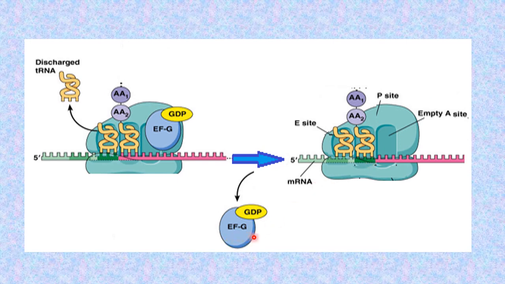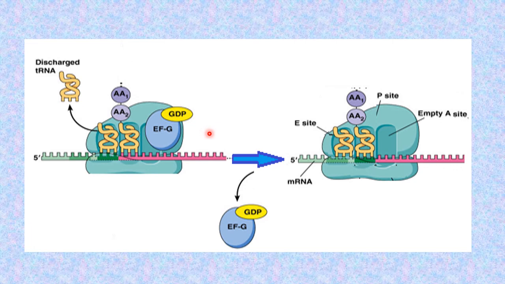Again, with the help of elongation factor G, that is having the GTP, there is translocation of this ribosome, and when this ribosome moves ahead, this free transfer RNA that was initially present on the E site will be released. The one present on the P site will come to occupy the E site, and the A site is again free for the fresh transfer RNA.